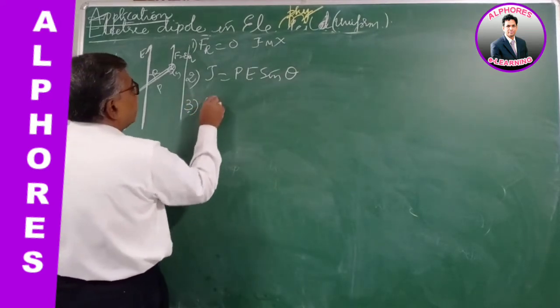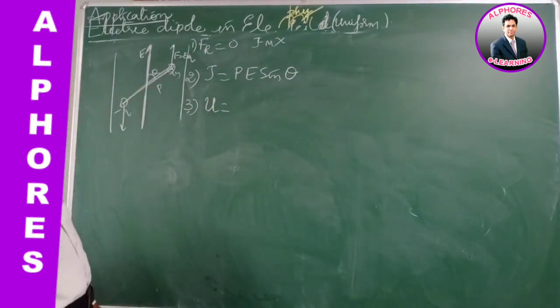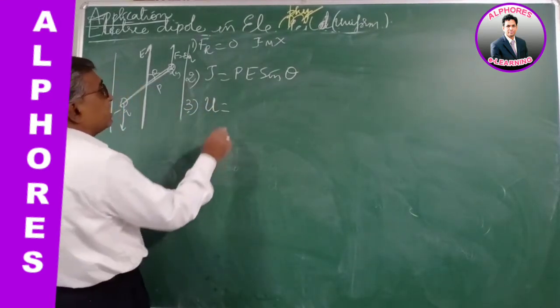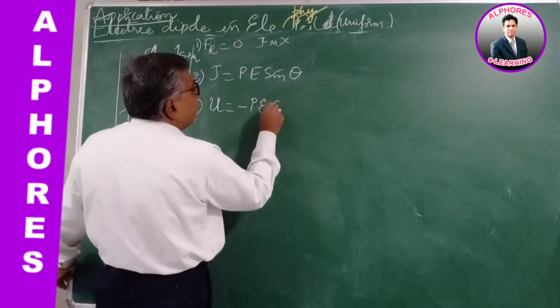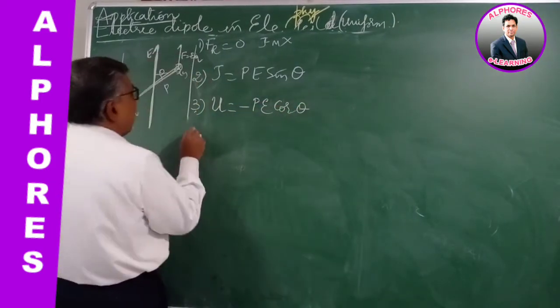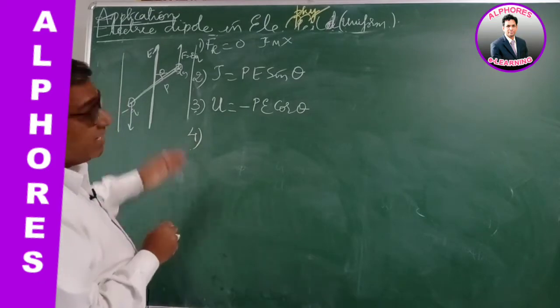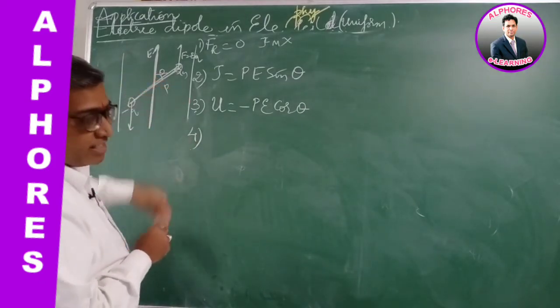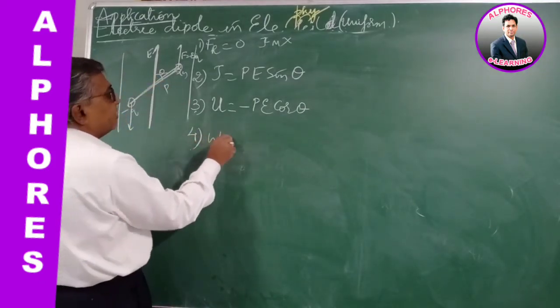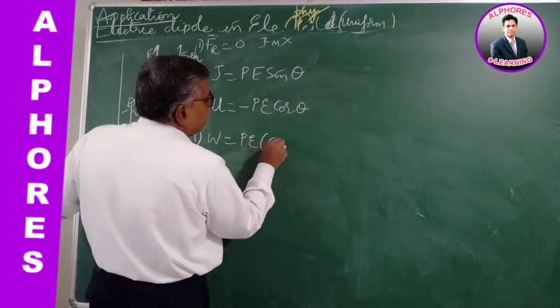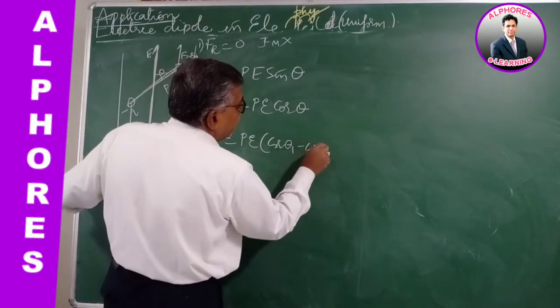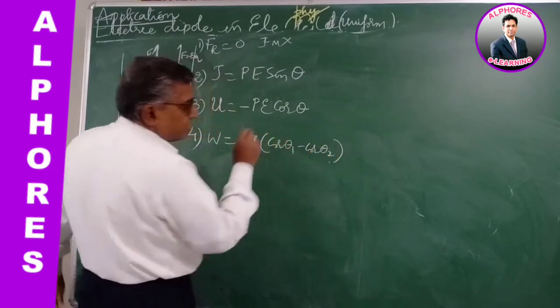Third, the potential energy of the dipole at an angle theta is minus PE cos theta. And the work done in turning the dipole against the field from theta 1 to theta 2 is PE times cos theta 1 minus cos theta 2.